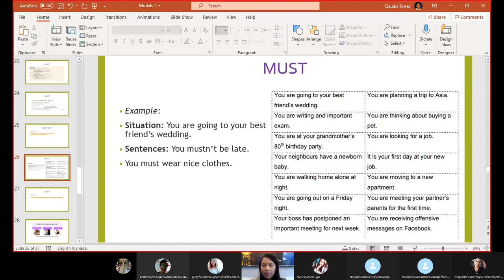Andres, you're going to choose only one for a partner. If you want, you can ask maybe Magnolia, or Silvana, or someone else.